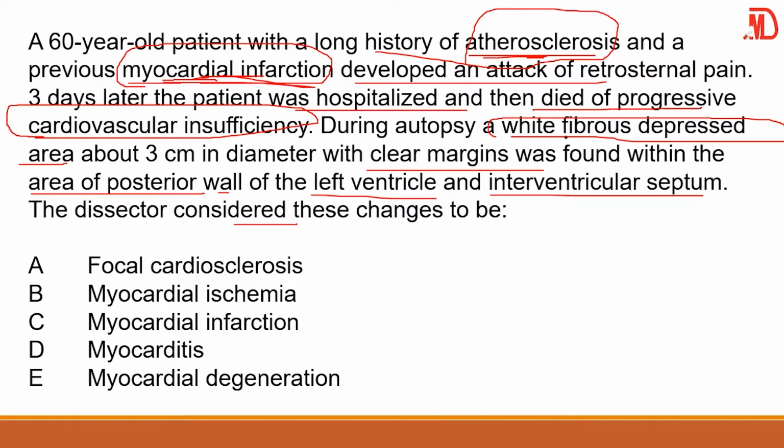So during autopsy, there was a fibrous area. That fibrous area tells you there was scarring. The normal tissues have been replaced with fibrous tissue. So definitely we have a scarring, but this scarring is at a specific place. In other words, it is focal, not diffuse. And they even told you the dimension of that fibrous tissue: 3 centimeters in diameter with clear margins.